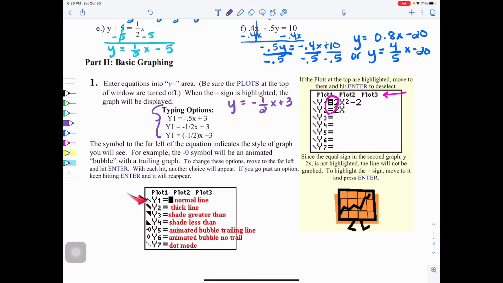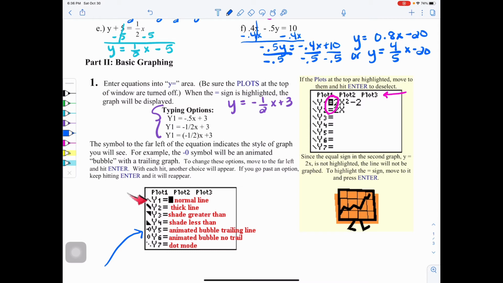Now looking down here below at this next section, this is a picture of an older graphing calculator. So all the things that you see to the left of the Y1, Y2, Y3, etc. are ways you can change what the line looks like. If you have a color edition calculator or are using the school color edition calculator, these appear as different colors.